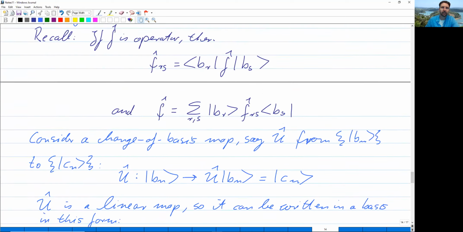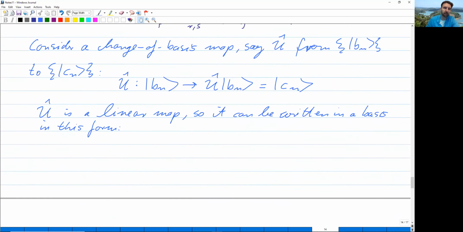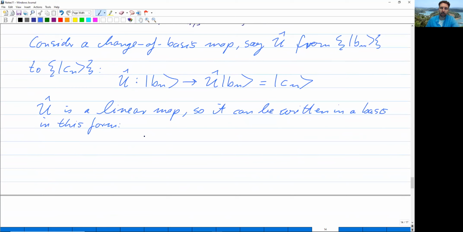Here, we have that if f hat is a linear map, then it can always be written in this way, where these coefficients are given by these matrix elements here, evaluated this way. So now let's do this for the linear map which is U hat.